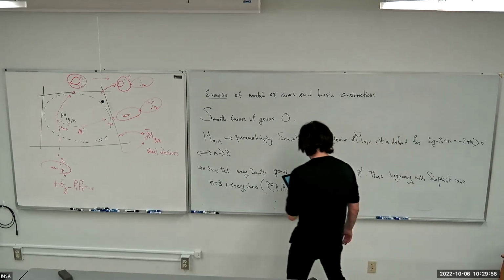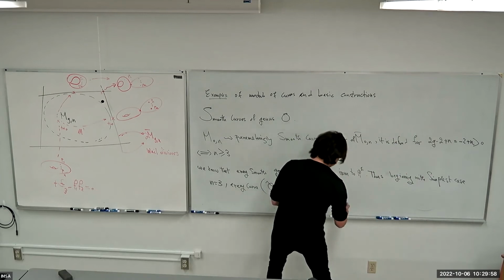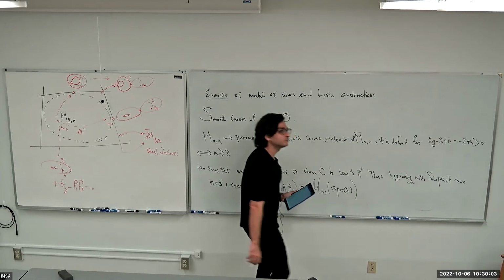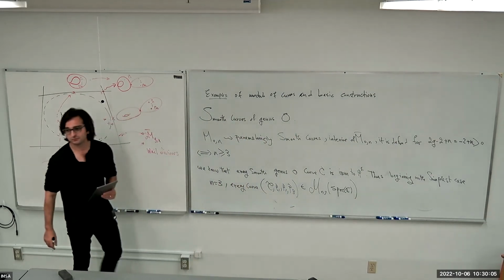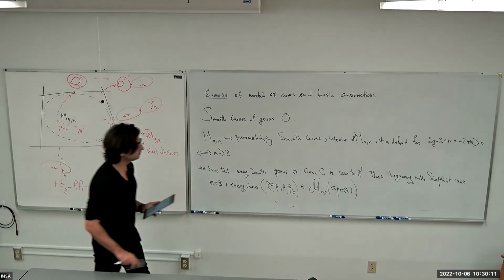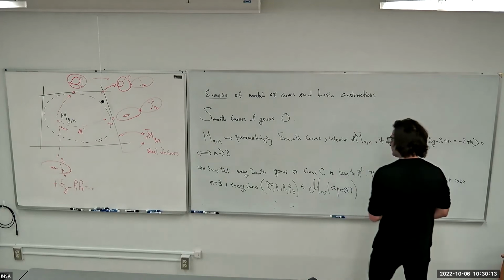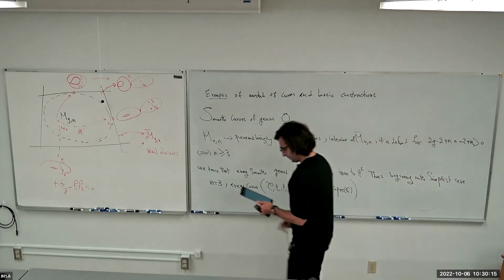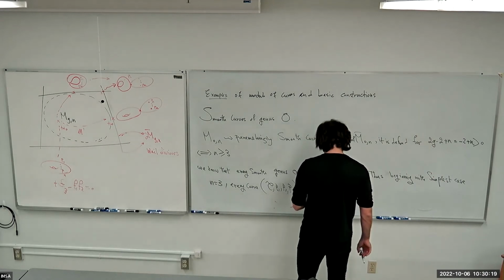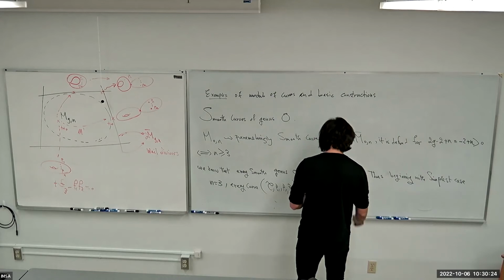That's the spectrum of C. There's only one ideal, and that's the point. So I can write it like this too. So this is isomorphic to that thing.